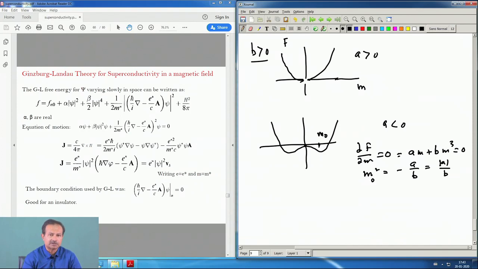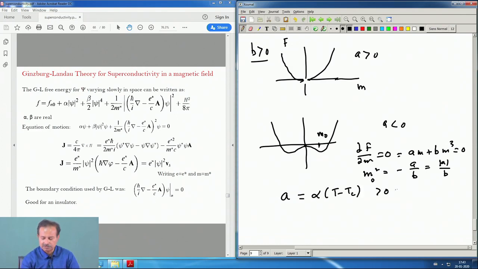So this is what Landau and Ginzburg started using: depending on the sign of a, you can go from an m equal to 0 order parameter state, which means you are above Tc, the disordered state, to a state below Tc, which has a finite value of the order parameter. And what they did is that the simplest choice is to take a to be some alpha times t minus Tc.